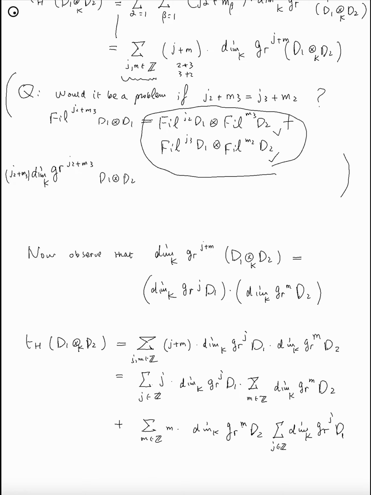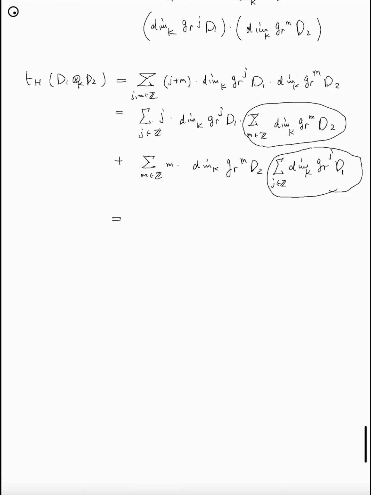The first part is J times something. So what are the possible J times something? J times with whatever M. You fix the J, you have to collect all the M. And the other part is M times something. When M is fixed, again, it has to run over all the possible J. So we got it into parts.